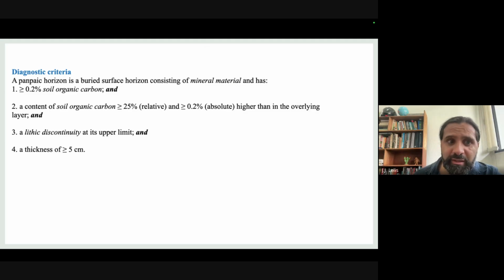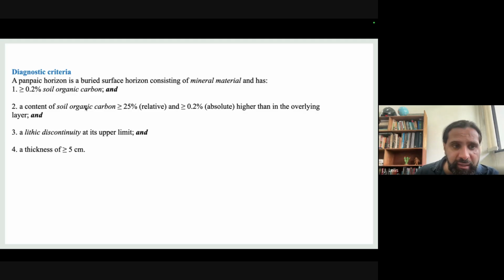Of course, we need some criteria to identify the Pompeiic horizon and to differentiate it from, for example, sombric horizons and other spotted horizons. First of all, to identify a Pompeiic horizon, it should be a buried surface horizon, and the content of organic carbon should be equal or higher than 0.2%, and of course less than 20% because we are talking about a mineral material.